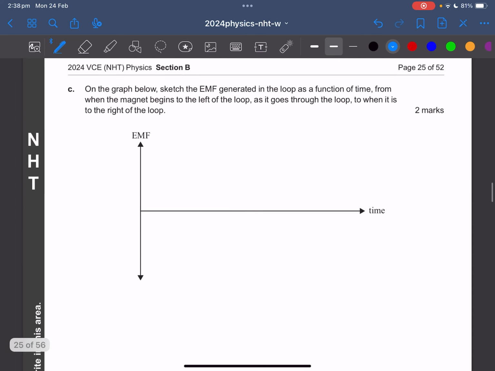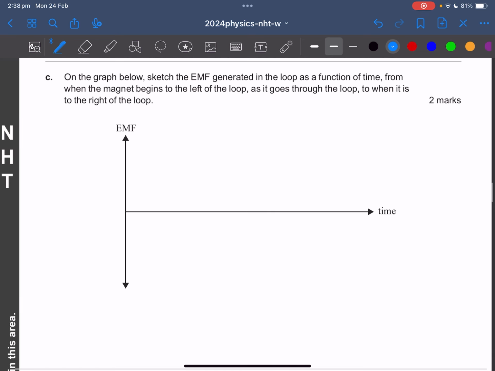Okay, on the graph below, sketch the EMF generated in the loop as a function of time from when the magnet begins to the left of the loop, as it goes to the loop, to when it is to the right of the loop.